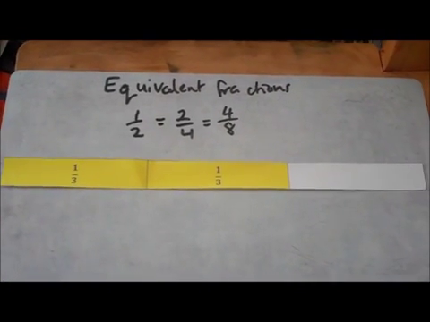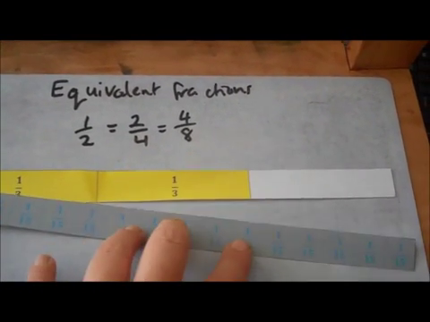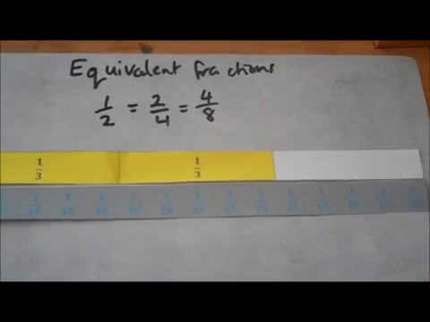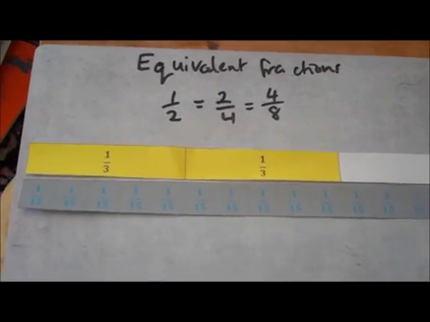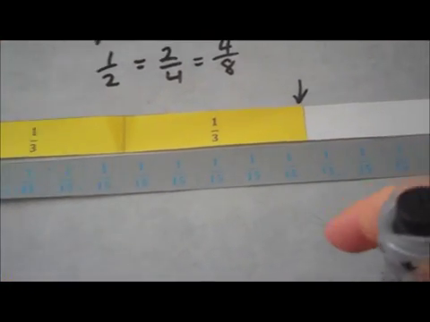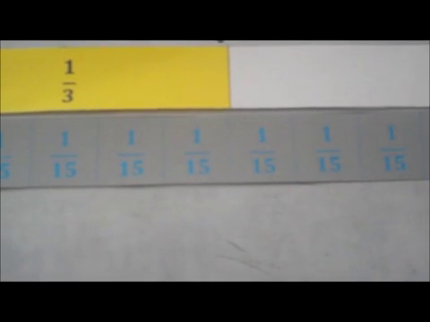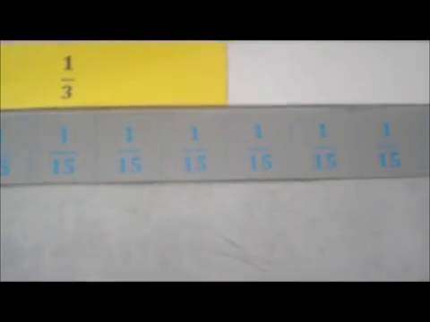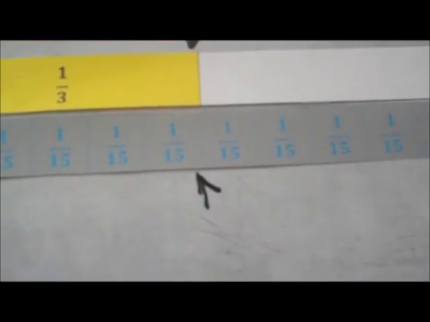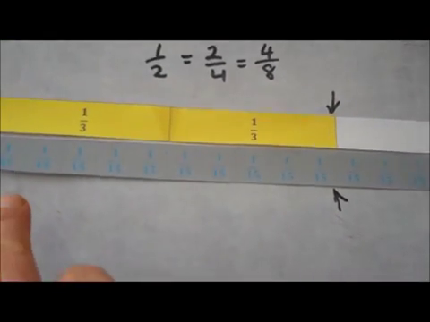So let's have a look at 15ths. Look at that. Okay, so here is 2/3. Can you see that it lines up with a marker on there of the 15ths? This one here. Let's have a look at how many 15ths there are.